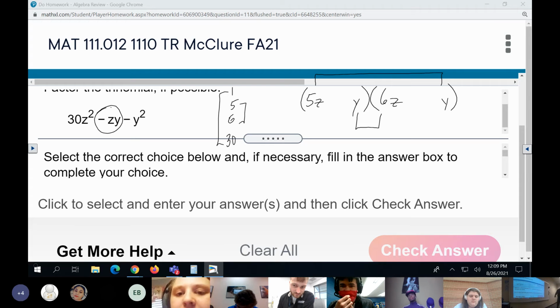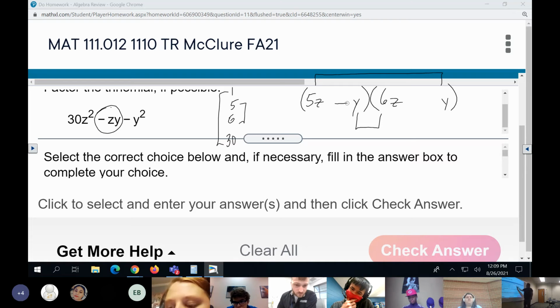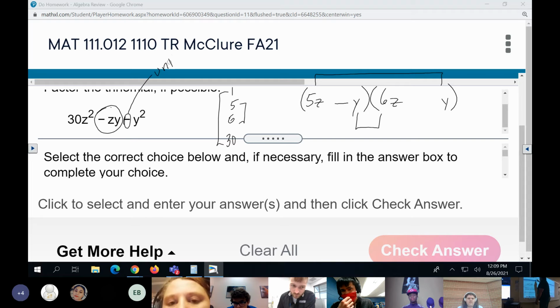The 6Z needs to be 6Z minus Y. We're going to talk about that right now. So which one gives us a negative 6? We got to have a negative 6. So this is going to be negative. And what does this mean, like or unlike? Unlike. So this will be positive. And that should be your answer.